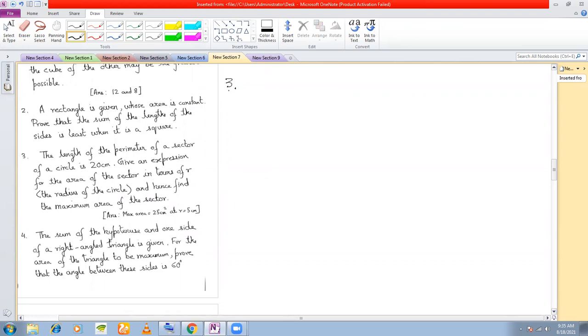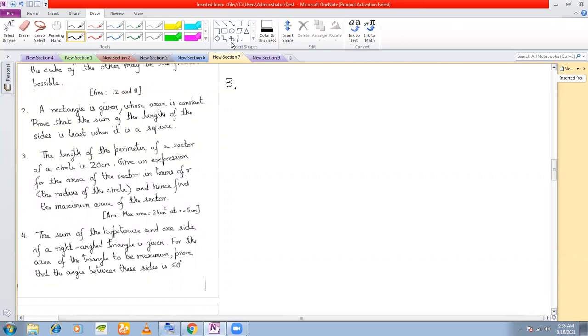Let's see number 3. The length of the perimeter of the sector of a circle is 20 centimeter. What does this mean? We'll just understand this problem. We'll continue this problem in the next class.